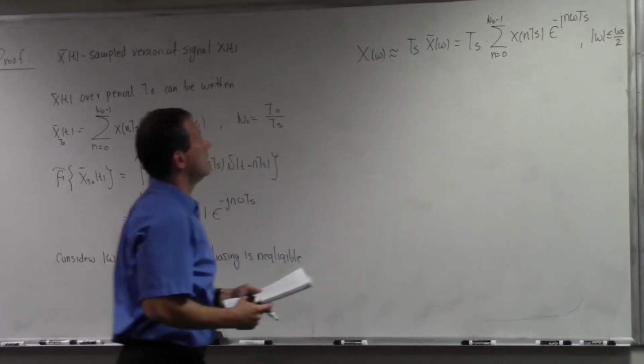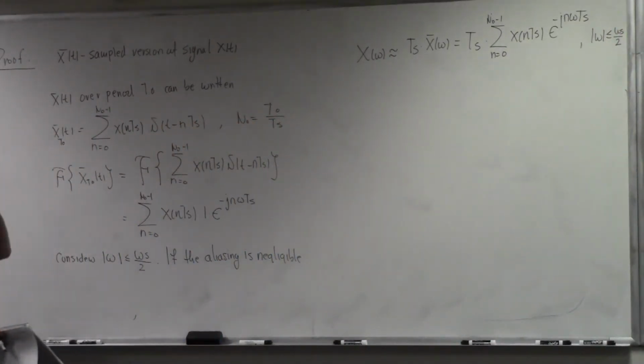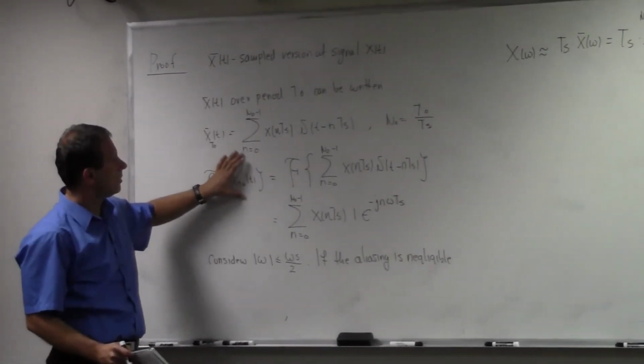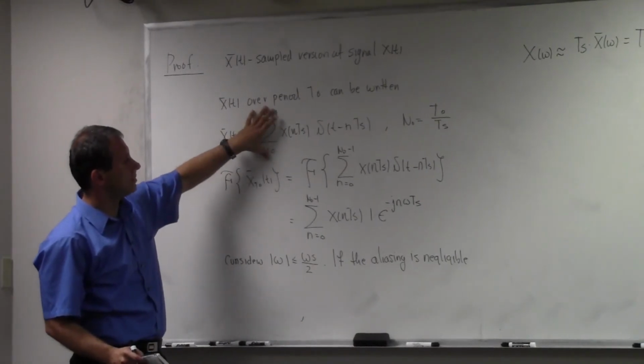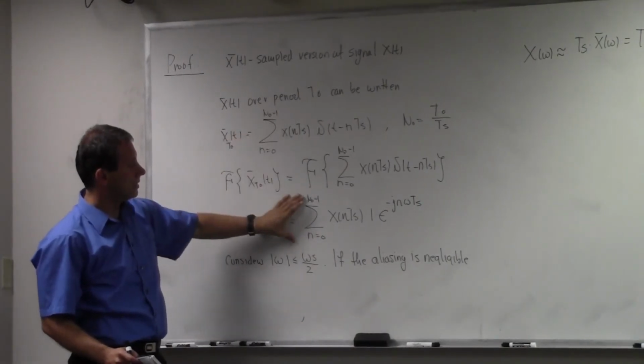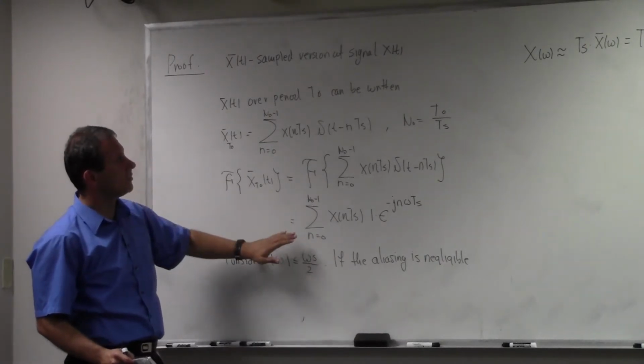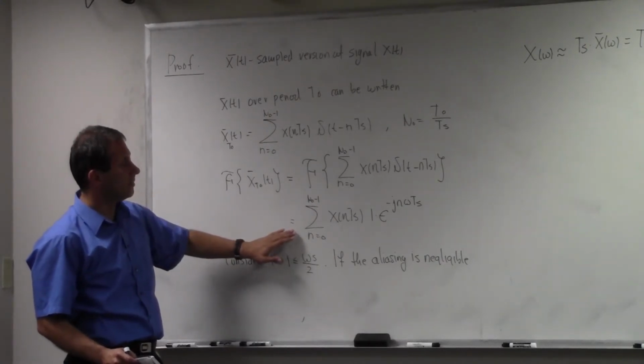So here's what we are saying. This is now the Fourier transform of this truncated sample signal, and as such, it gives us some information about x of omega.